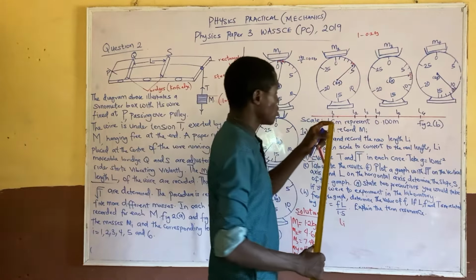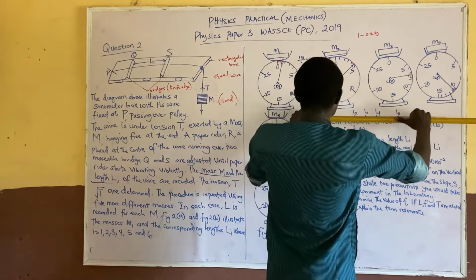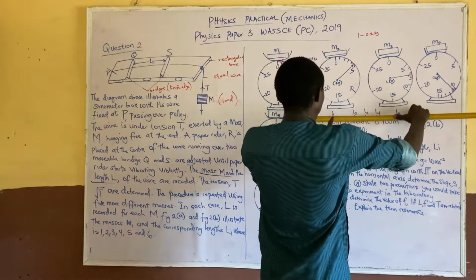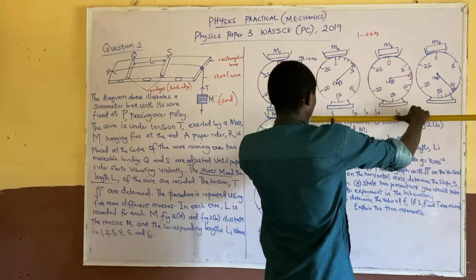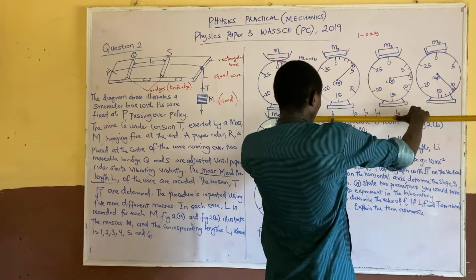Now, I'm going to be using this one. So you measure this one on your question paper, between your 0 here to this point, L1 is 0.7 centimeter.